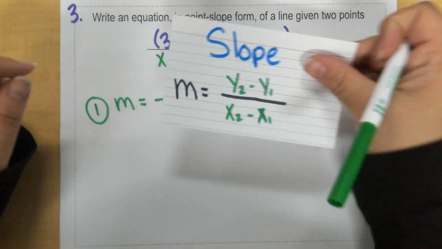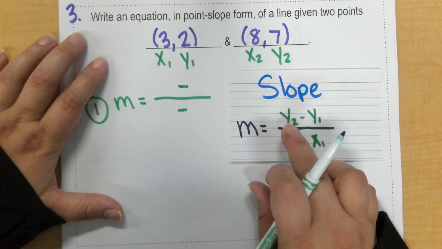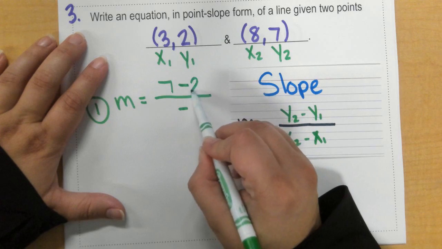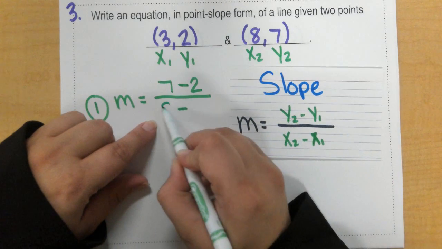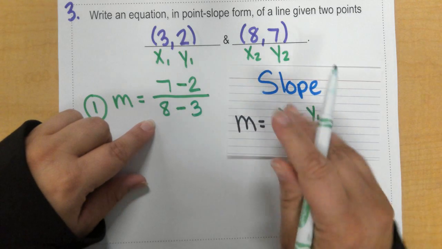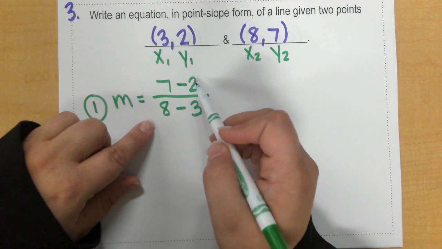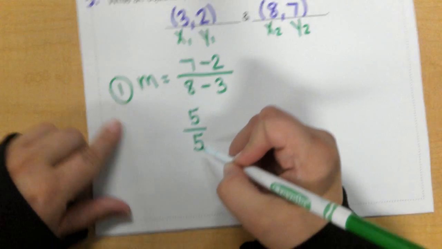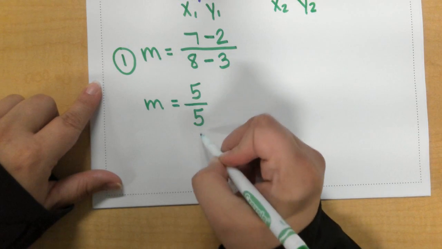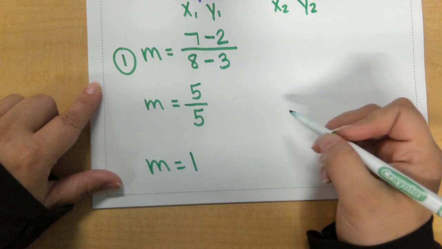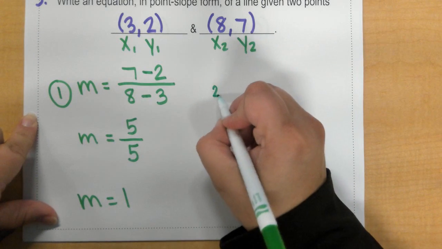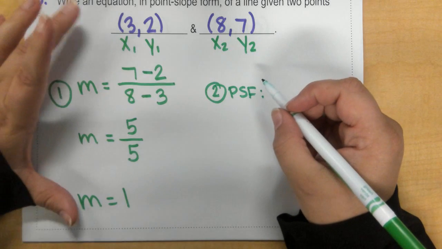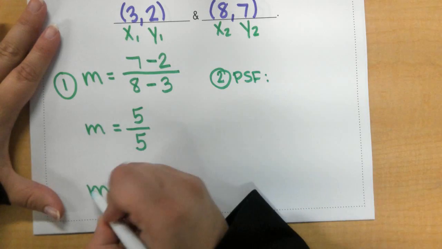So we would need to use this, and we have y2, which is 7, minus y1, which is 2. x2 is 8, and x1 is 3. If I subtract 7 minus 2, we get 5, and 8 minus 3 is also 5. Now, if I want to reduce this, I get 1. Second step. I need to put this information, my point and my slope, into point-slope form.